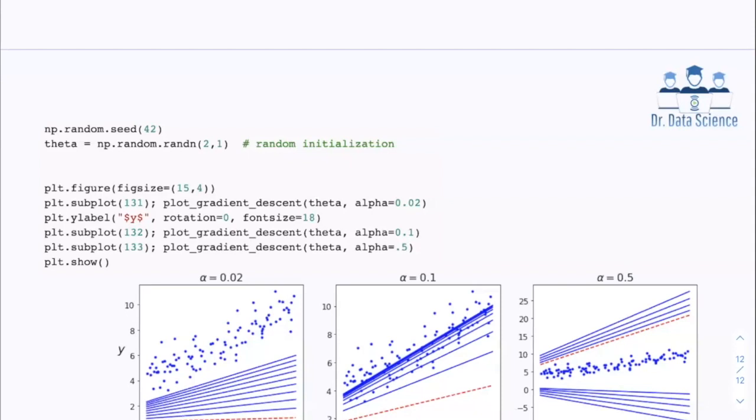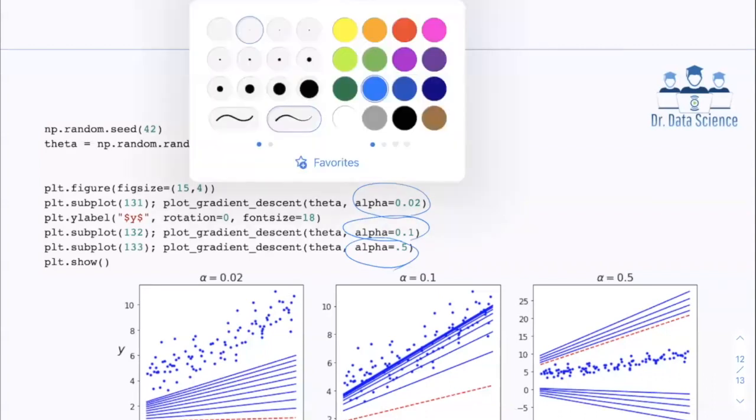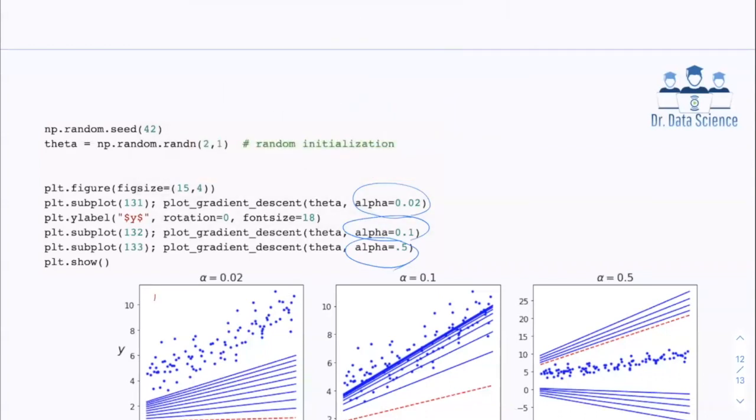So here we are using three different values of learning rates, 0.02, 0.1, and 0.5. As you see, when the learning rate is too small, and remember that the first iteration is the one that we show using that red color, we are getting better and better in terms of the solutions that we are finding.